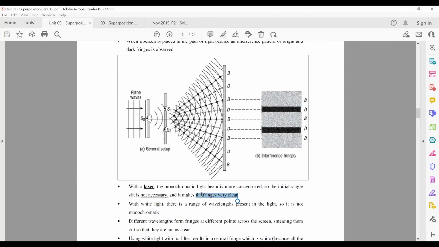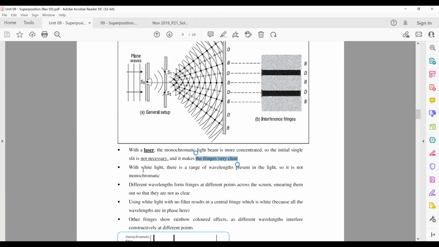It makes the fringes very clear. If you use white light, as I mentioned to you, there will always be a range of wavelengths present in the light. It is not monochromatic. So different wavelengths will form fringes at different points across the screen, smearing them out so that they are not as clear.